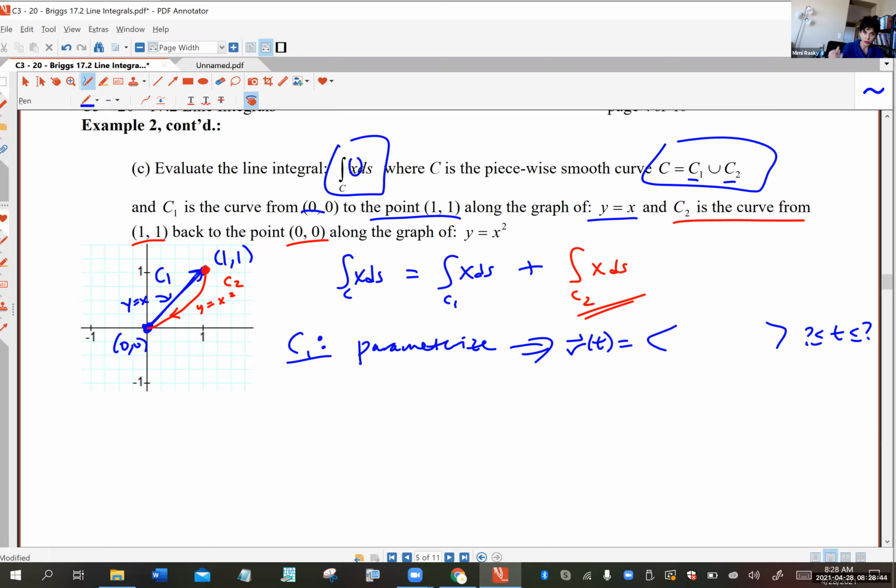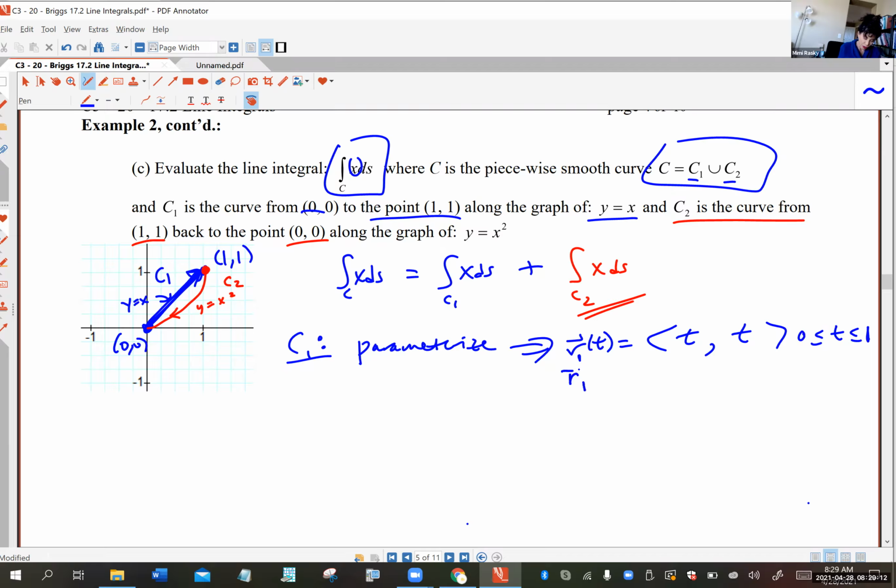I claim if you do the parametric equations of the line, you'll get an easy (t, t). So we'll call this r1 of t equals (t, t), and that works for this straight line. The question is, what are the starting and stopping points for my time? What's the interval of time that will correlate with that curve? Anybody want to guess? 0 to 1. Yep, 0 to 1 again.